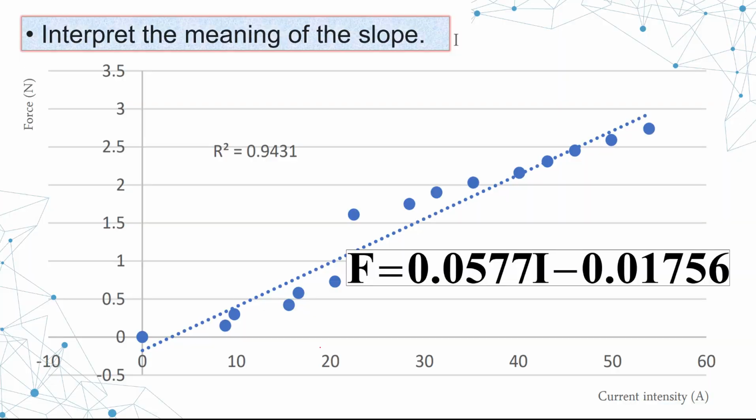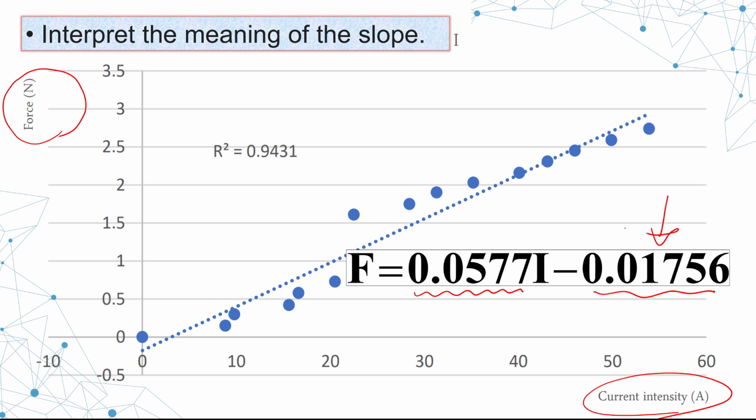But in physics, in science, the slope has a more specific meaning. Here is a graph explaining force versus current intensity. The force is given as F equals this times I minus this. This is called the vertical intercept, but it's not our discussion now. This is the slope. This is a linear relationship, and the coefficient of I is the slope.